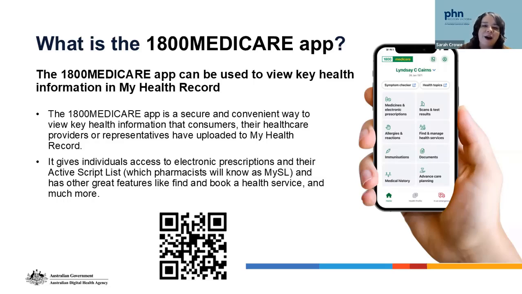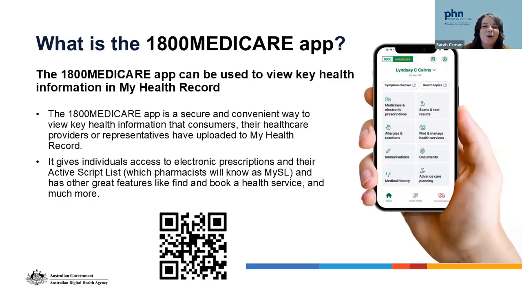But the little tip I really like in it is that you can store eScript tokens in there. So when you get that text from your GP or the pharmacist with an e token in it to get an eScript, often it was driving me crazy when I had to go back 3 months later and get it filled again, and I'm searching through my phone to try and find that text.